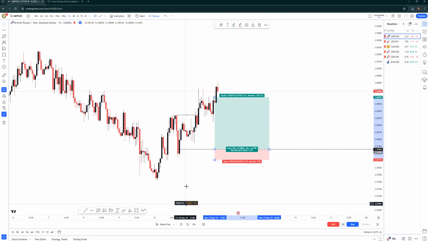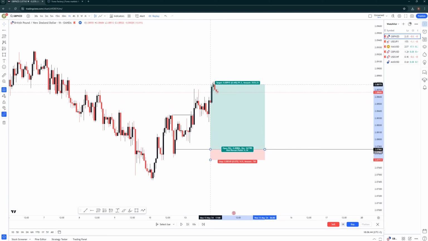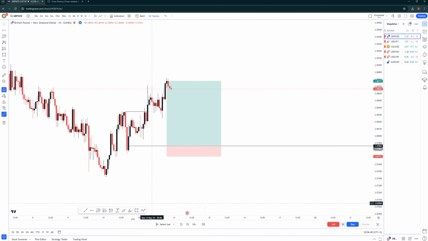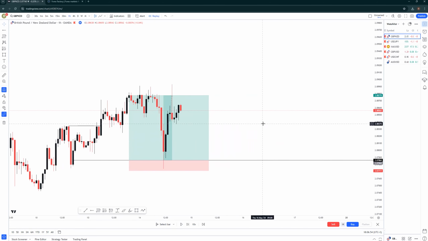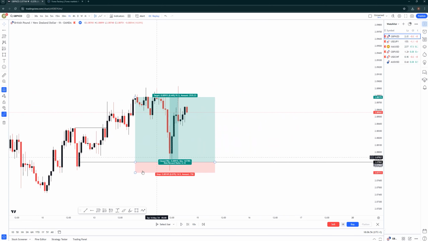So let's see, the price turns from this point, so there will be our first take profit. You can see the market just came, took the entry, and then activated our take profit, as you can see.